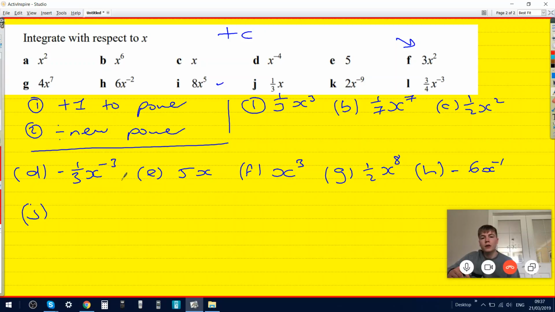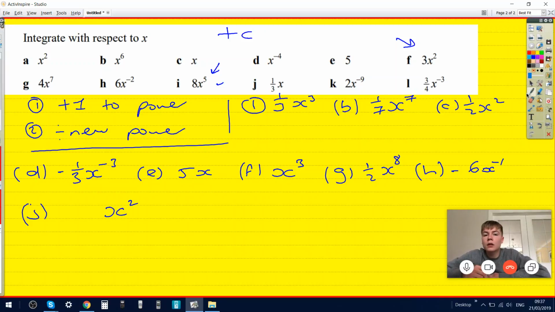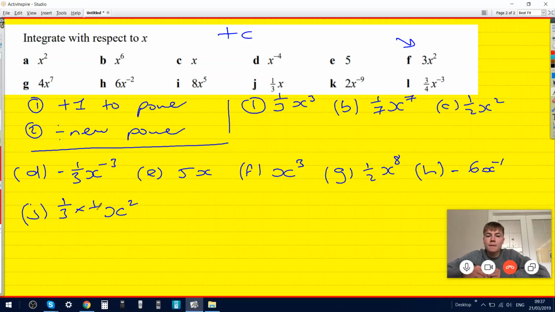So 1/3 x squared. Are you looking at this one? I? No, sorry, I thought, sorry. Sorry, you're right. J, sorry. Yeah, so that's going to be x squared. And then if you divide by the new power, well, if there was no third there, what would it be? Just a half. And so it's 1/3 times a half. So 5th. 6th, sorry. Yeah.